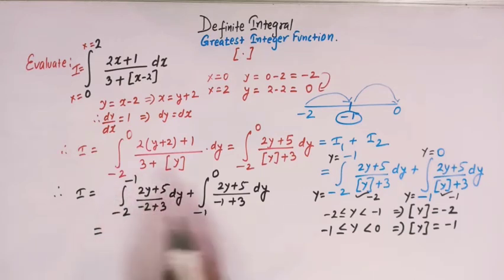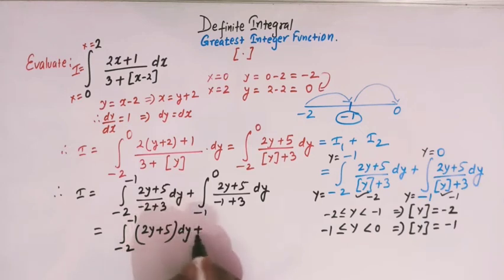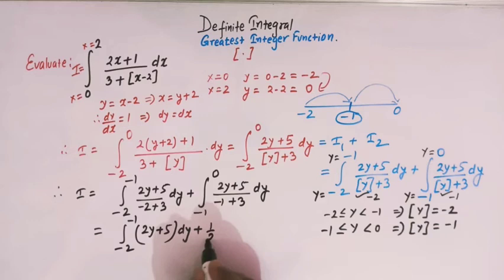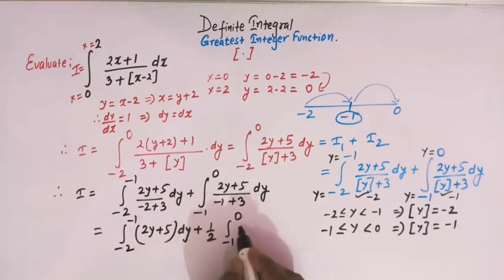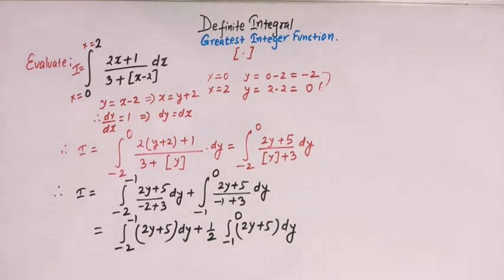Now we can simplify it further. 3 minus 2 is 1, so we have the integral from minus 2 to minus 1 of (2y plus 5) dy, and 3 minus 1 is 2, so we can take half outside the integral. We have the integral from minus 1 to 0 of (2y plus 5) dy. Now we can easily find the values of these two integrals.